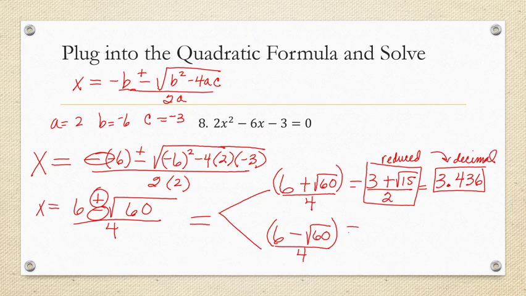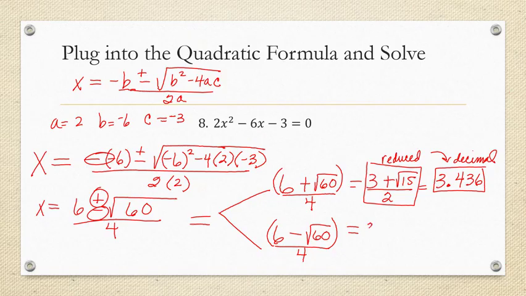Now let's do this one right here where we've got 6 minus. So let's clear out. We've got 6 minus the square root of 60 divided by 4.